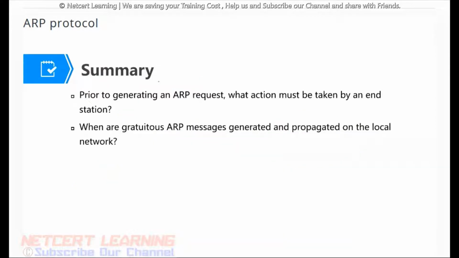Okay, we have discussed the scenarios in which the ARP protocol is used, and then there are 2 questions. First, prior to generating an ARP request, what does the host, the end station, do? First, it looks for the destination MAC address in the ARP cache.